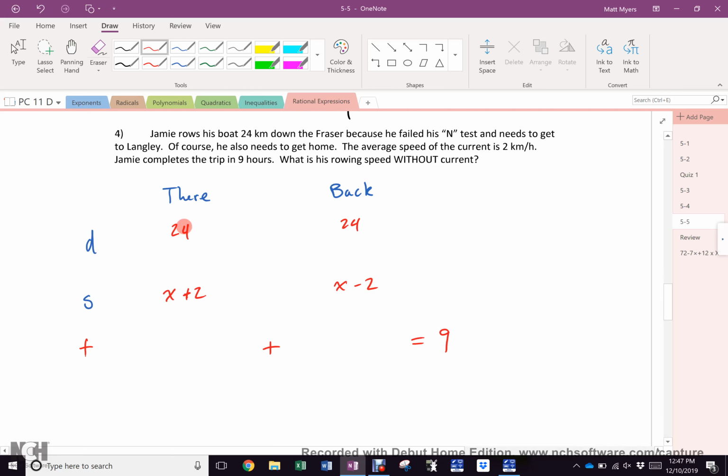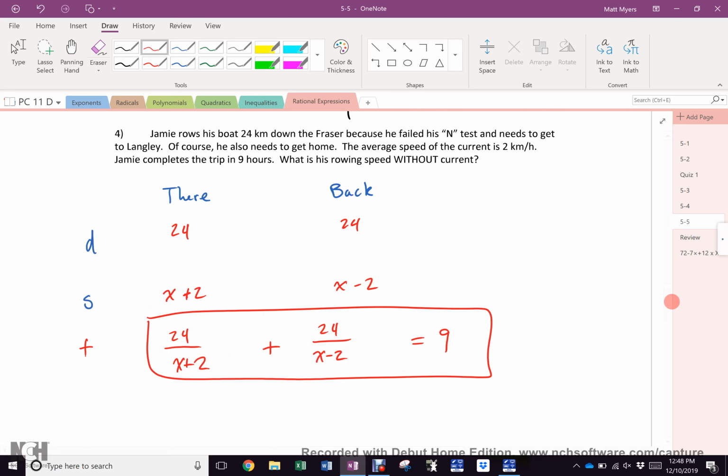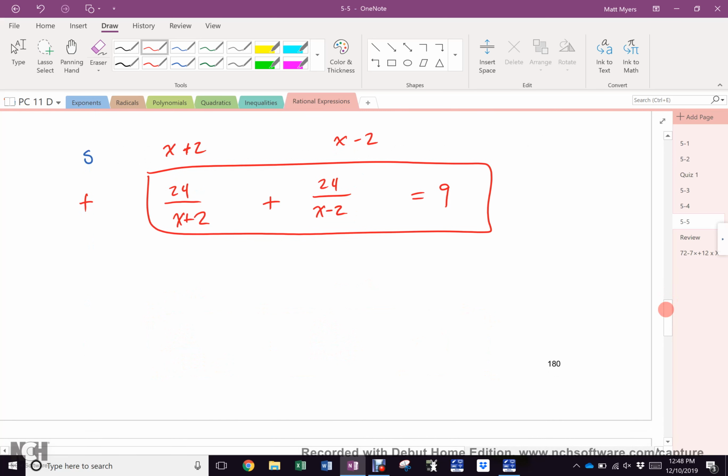Do I have a distance? What is it? 24. Do I have a speed? What is it? Do I have a distance? What is it? Do I have a speed? Is that a rational equation with which I can work?